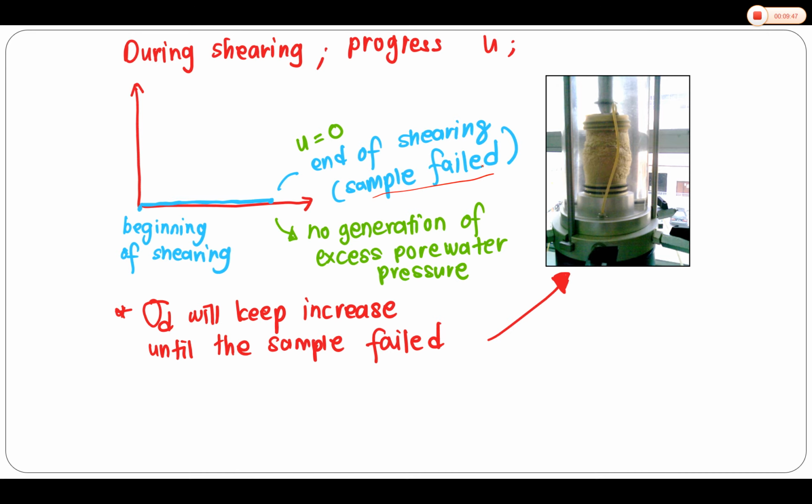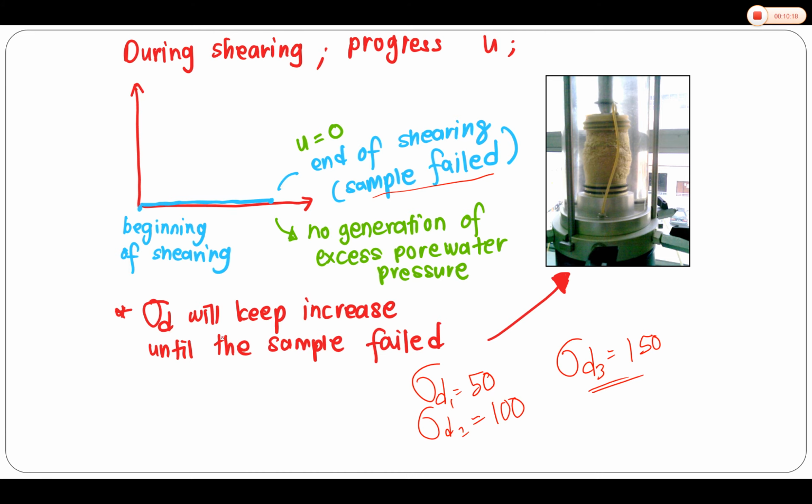So we will keep increasing the sigma D. It doesn't mean that with one sigma D the sample will fail immediately. Let's say the first sigma D is 50, the sample doesn't fail, so we increase the sigma D. The second sigma D, let's say 100, the sample still doesn't fail, so we keep increasing the sigma D, and then 150, and at 150 it failed, so we stop at the third sigma D, which is 150 at failure.